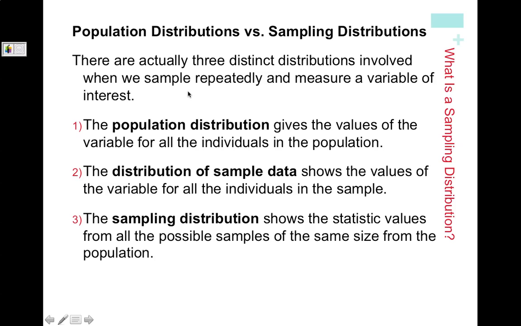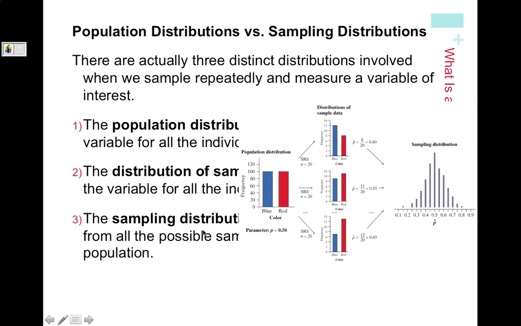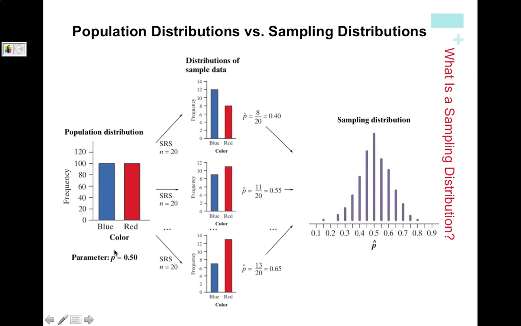So there are three distinct distributions involved in what we just did. There's a population distribution, there's a distribution of sample data, and there's the sampling distribution. And this next graphic illustrates that. I'm going to change this slide a little bit for our Reese's Pieces.